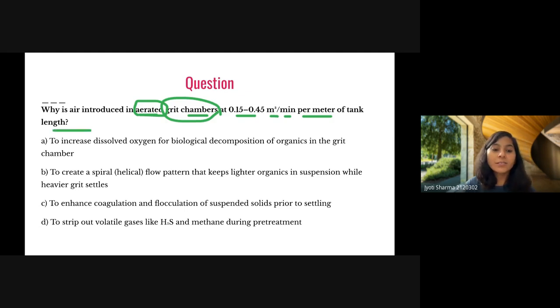To increase dissolved oxygen for biological decomposition of organics in the grit chamber, to create a spiral flow pattern that keeps lighter organics in suspension while heavier grit settles, to enhance coagulation and flocculation, or to strip out volatile gases like hydrogen sulfide and methane during pretreatment.